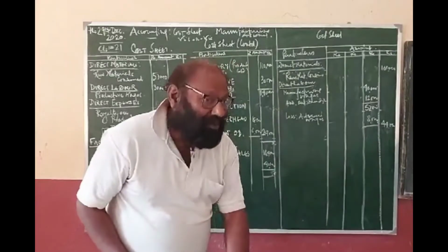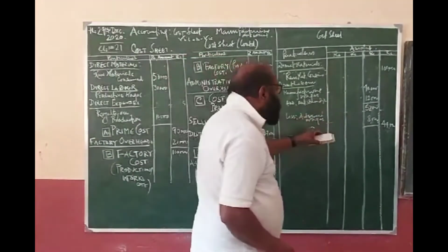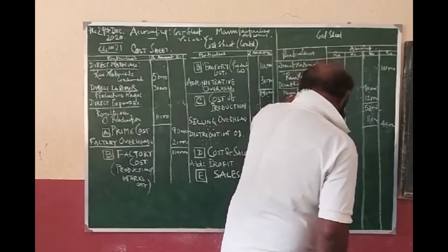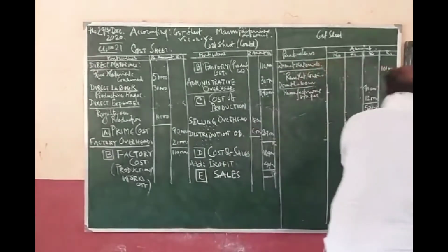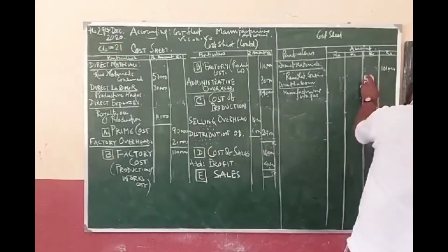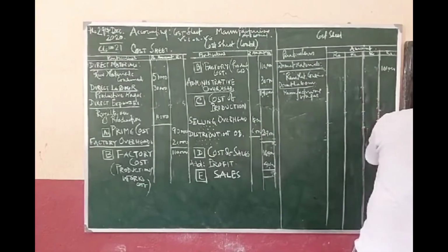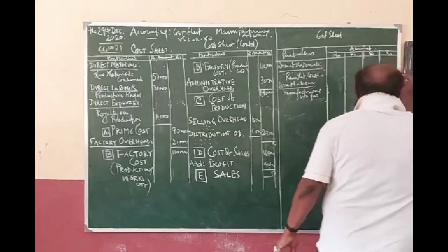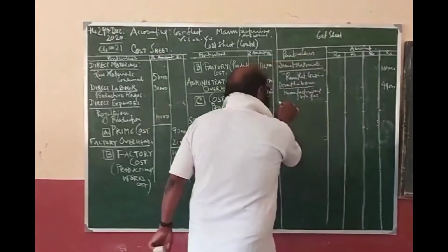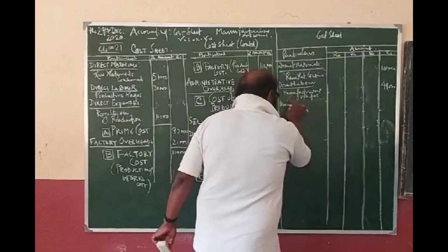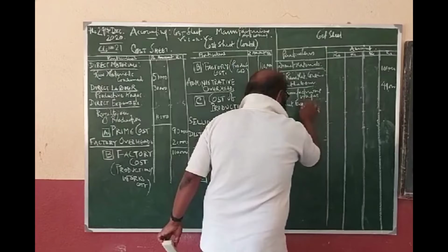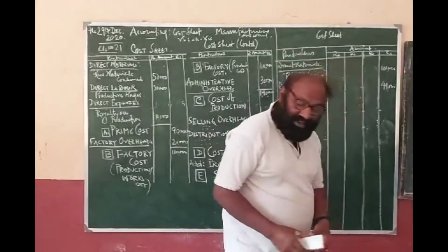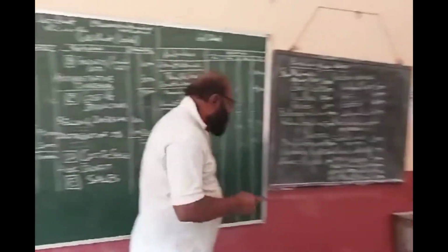Because of the paucity of the space, I am just rubbing it and writing the neat figure. Now, then comes direct expenses. Direct expenses here, friends, in this problem it is not given.